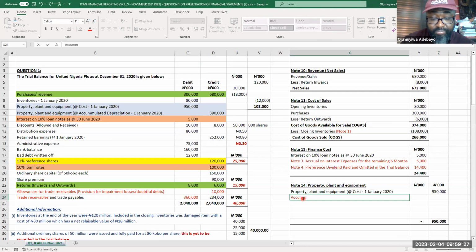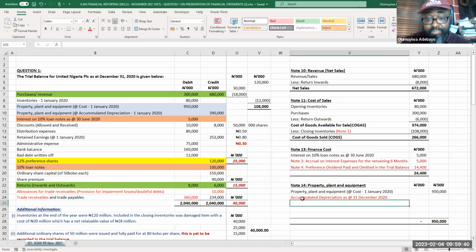Accumulated depreciation as at 31st December 2020. How do I arrive at it?